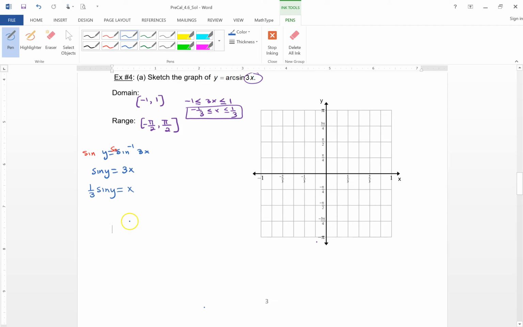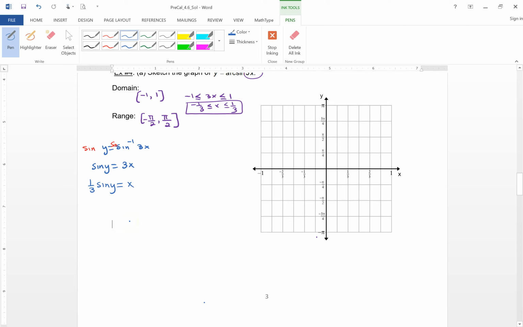Okay, now what I'm going to do is this. You know how we always pick points x and y? I'm going to do the same, except I'm going to pick my points for y. Not x, but y. So I'm going to choose points for y. And what are my points going to be for y? It's going to be this range.